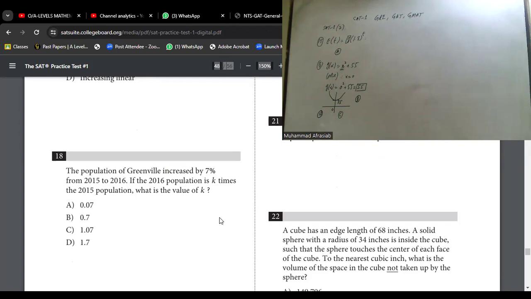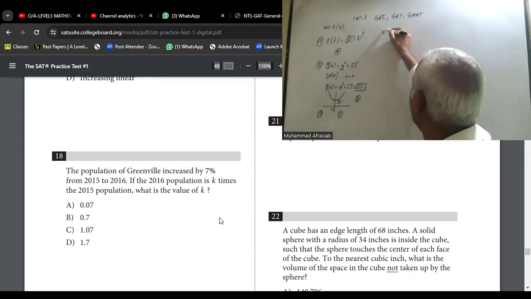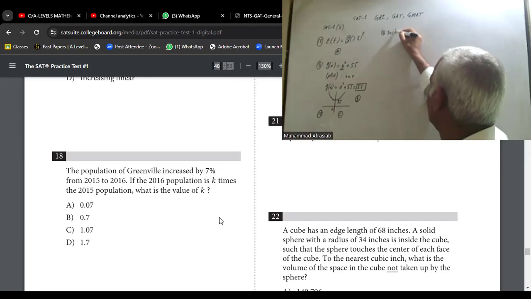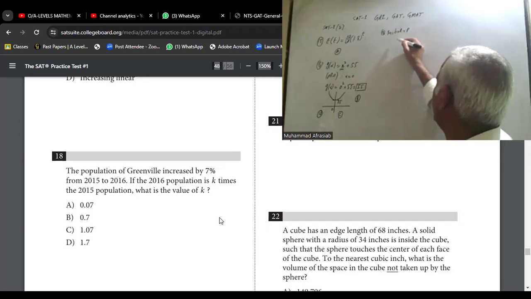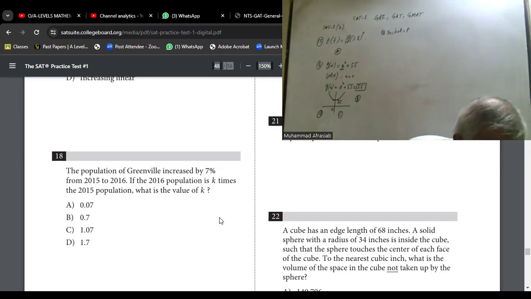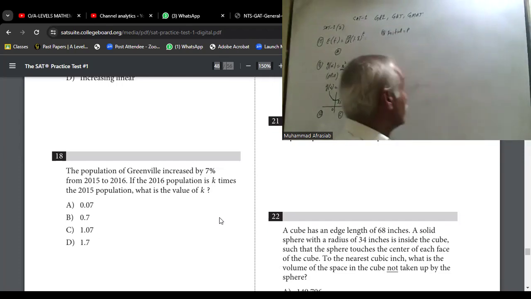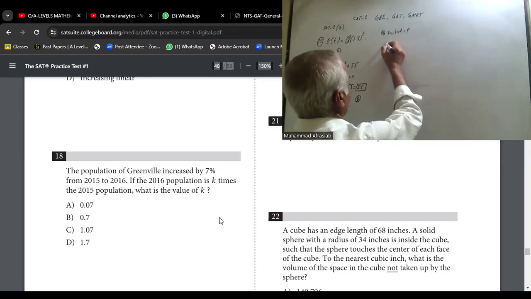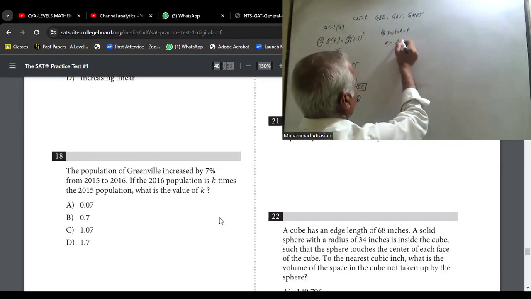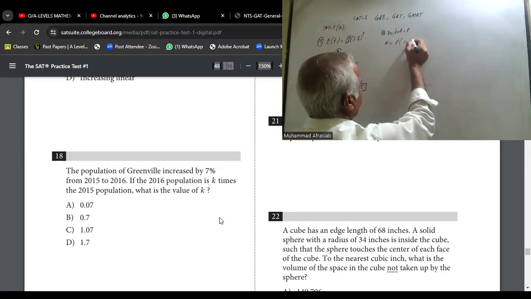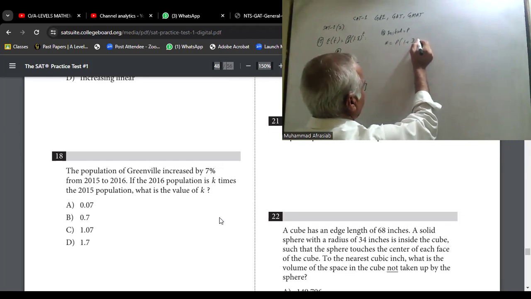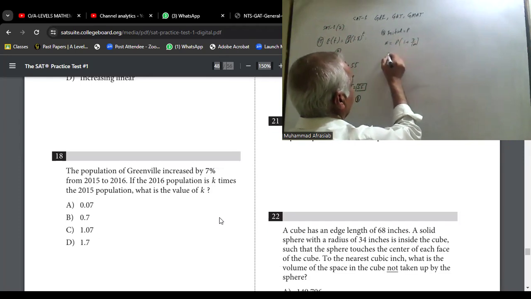So let's say the initial population of that year is equal to P and it is increasing by 7%. So the new population will be equal to P plus 7% of P, which is equal to P times 1.07.